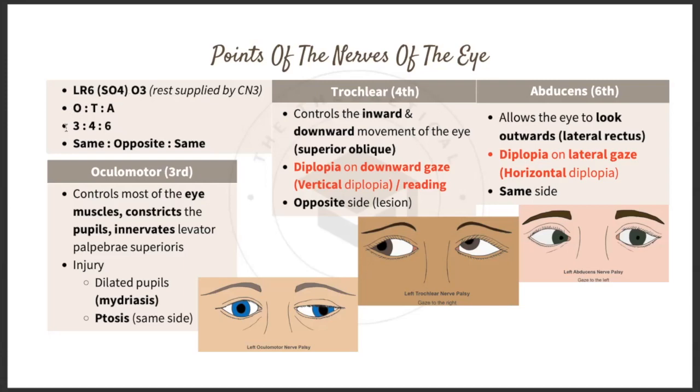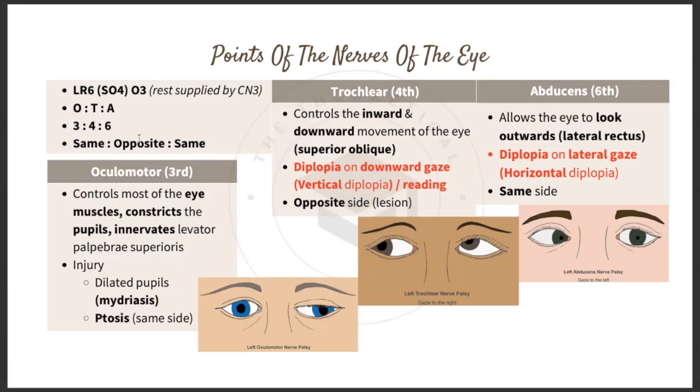Oculomotor is supplied by the third cranial nerve. T, trochlear, is the fourth cranial nerve. A, the abducens, is by the sixth cranial nerve. Now, same, opposite, same is the affected lesion, alright? So, if the lesion is, let's say, on the left side, it is usually the left brain that's affected.